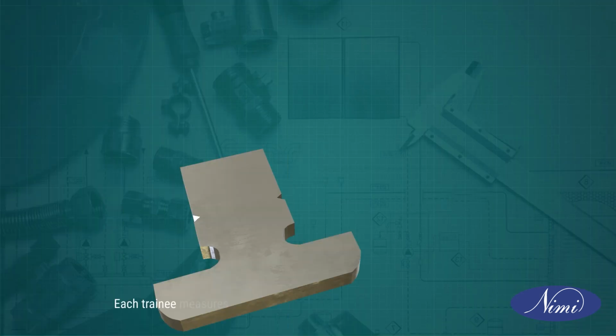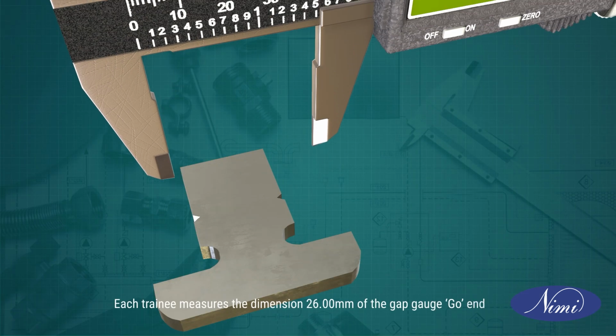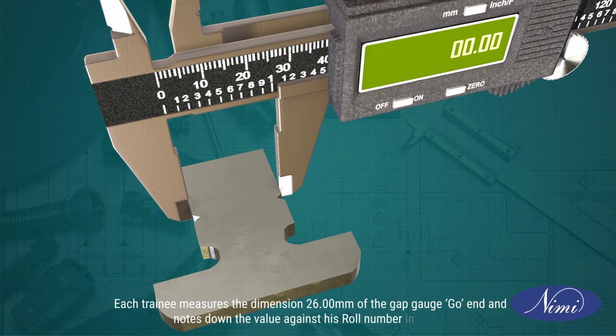Each trainee measures the dimension 26.00 mm of the gap gauge go end and notes down the value against his roll number in table.